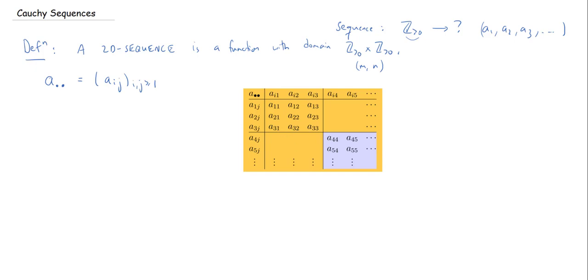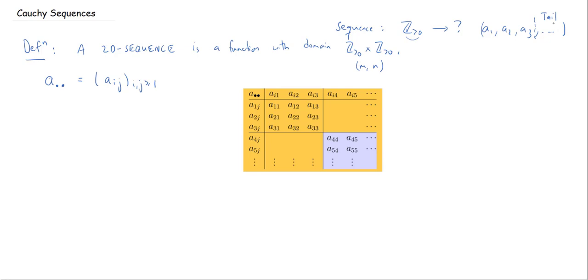Now, inside this, you'll notice I've kind of partitioned this up. That's because for sequences, we usually didn't care about the entire sequence as much as we cared about the tail. So if I cut off the sequence, say after the third component, then everything afterwards was the tail of the sequence.